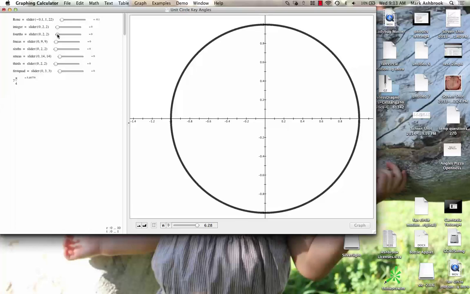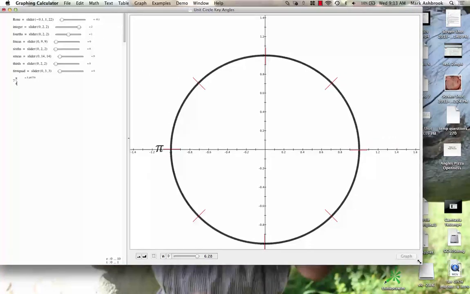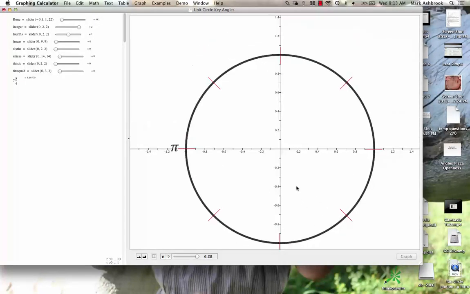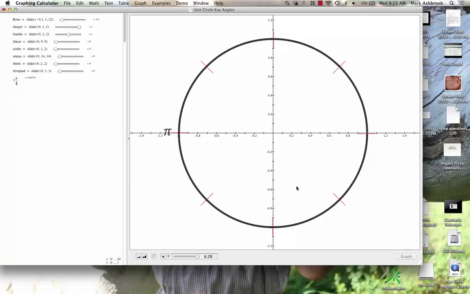It all starts with the fact that halfway around the circle is pi radians of openness. First do fourths. Divide up the top half of the circle in fourths, and then all you've got to do is count.